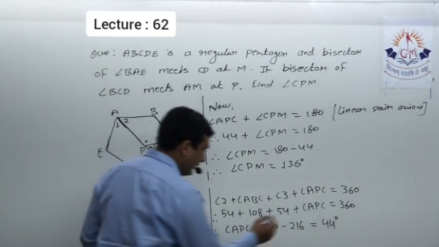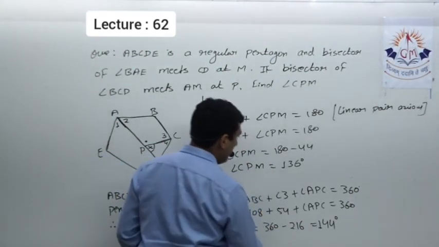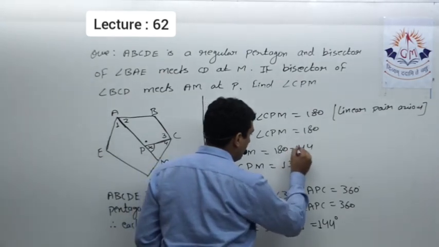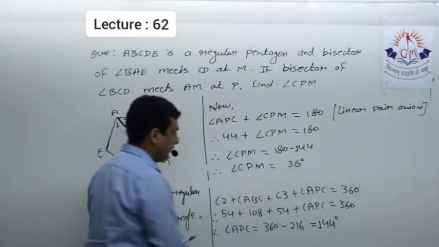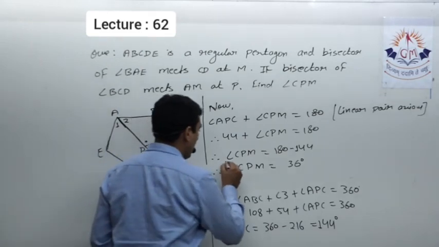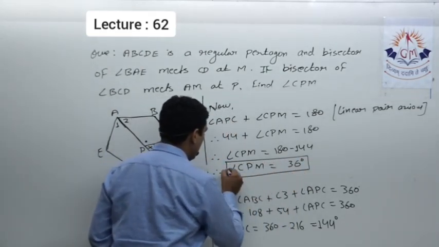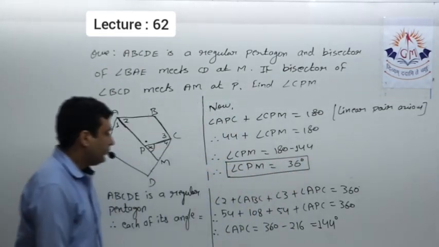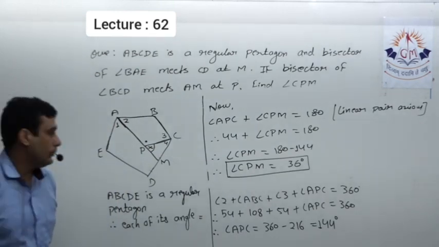Okay, here it should be actually 144. So here we'll get 36 degree. So our final answer is angle CPM equal to 36 degree. Okay, so please note it down.